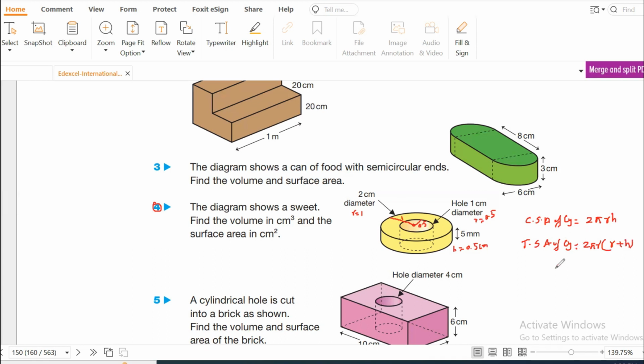These two formulas will help us. The upper part is a circular shape, so the area of a circle, we also know, is pi r squared. So I'm trying to make the formula so that we can find the answer. For the outer curved part, remember there are two r, so we can consider one as R1 and R2.